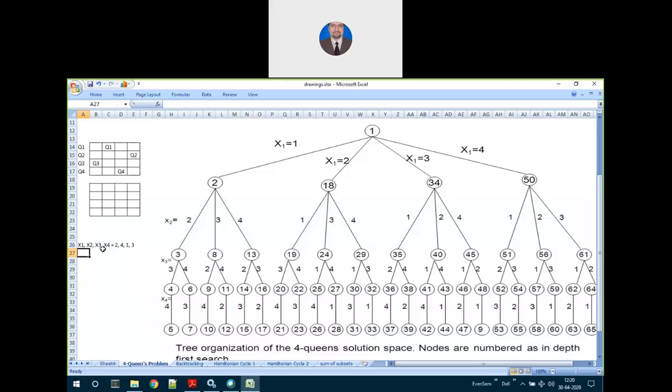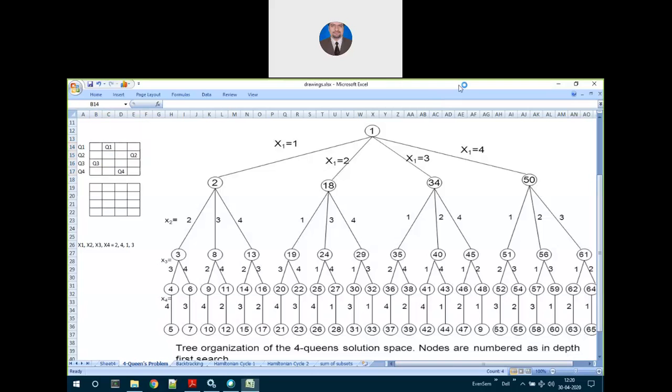So when x1, x2, x3, x4 are placed on the second, fourth, first and third columns respectively, assuming that x1, x2, x3, x4 are on different rows like this, then these positions will give us one of the solutions wherein none of the queens will be in an attacking condition. So all queens will be placed in the safer zone. So this is one of the solutions which we can get by drawing the state space tree.